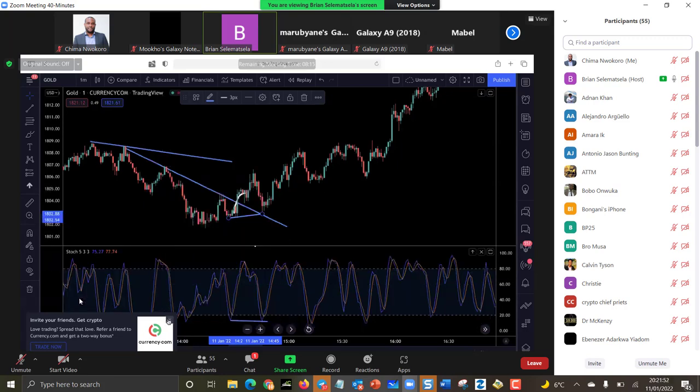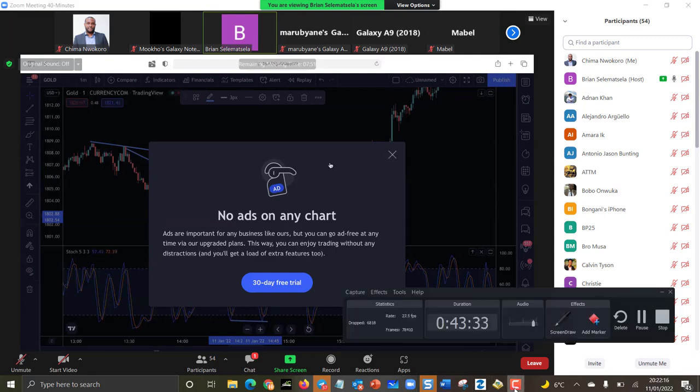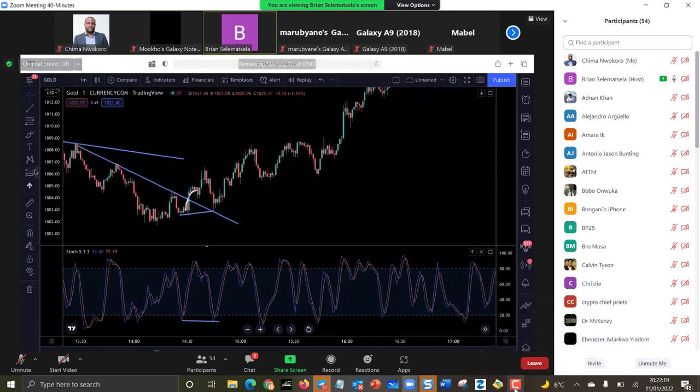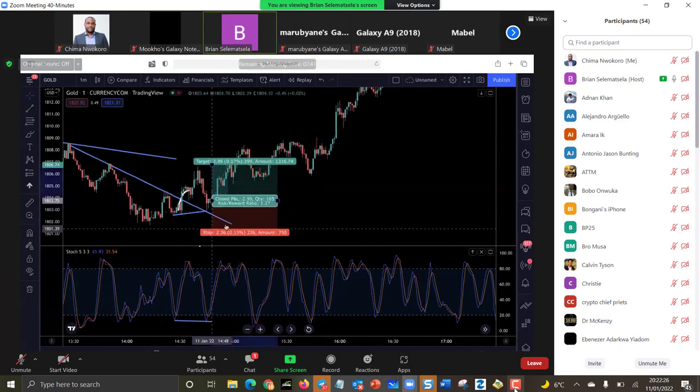And from there, we're just going to wait for the crossing over that will happen down there. And from there, as you guys can see, you will execute your buy and you put your stop loss at around there.